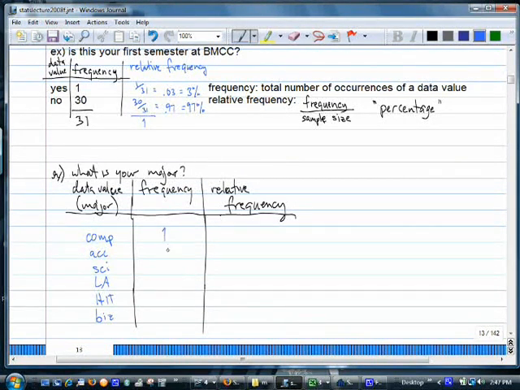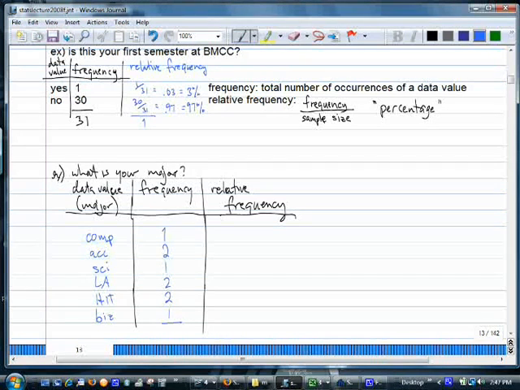And as an extra bonus, we can also include the relative frequencies. Now, in order to find the relative frequency, what do you need? You need to add it all up. That's assuming we have a big number, but we're just using the data that we have. That's correct.